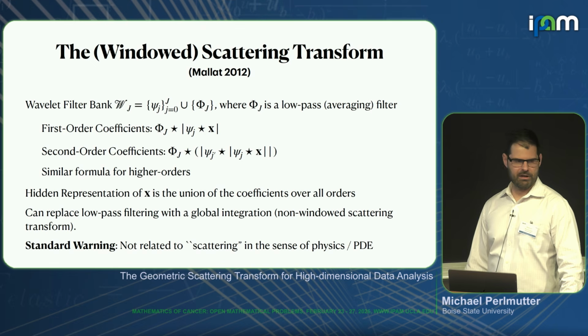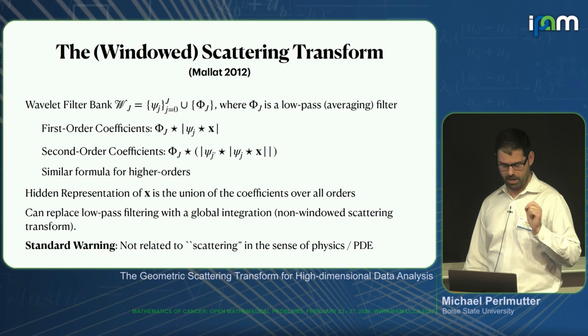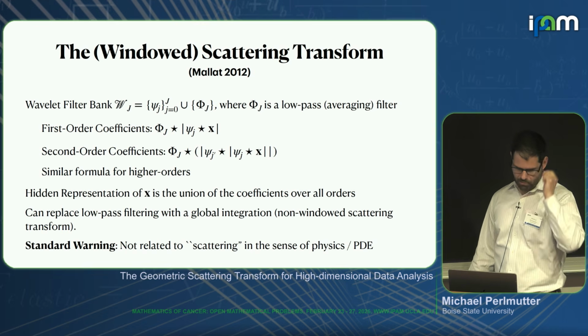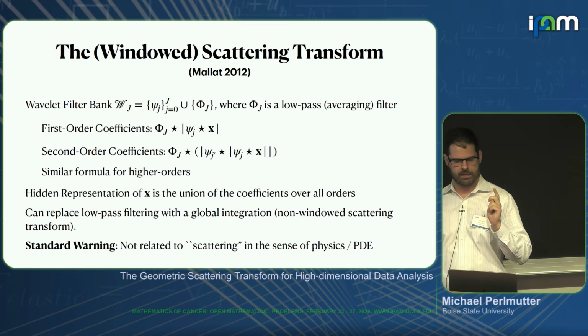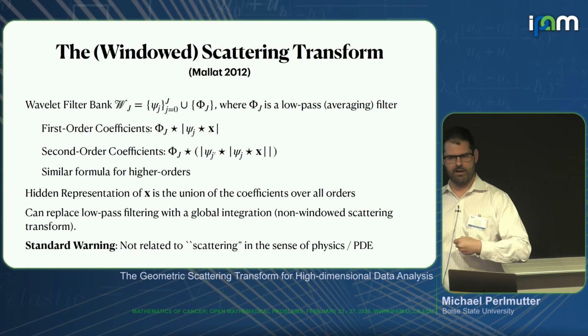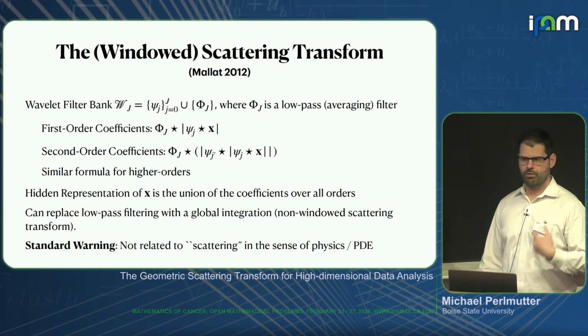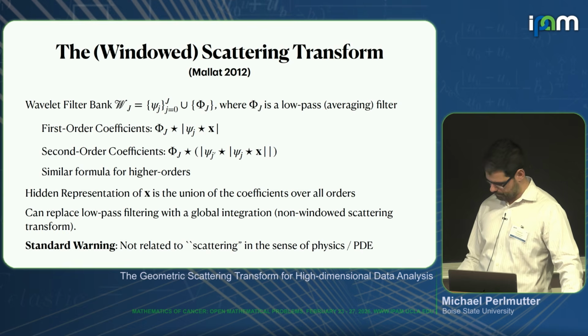The short answer is it induces a little bit of additional translation invariance due to complex modulations of phase space. Another thing worth noting is that when the scattering transform is used, you take all of these coefficients, where it's a wavelet nonlinearity for however many orders you want, and you input all of these as new transformed features to whatever your favorite classifier is.